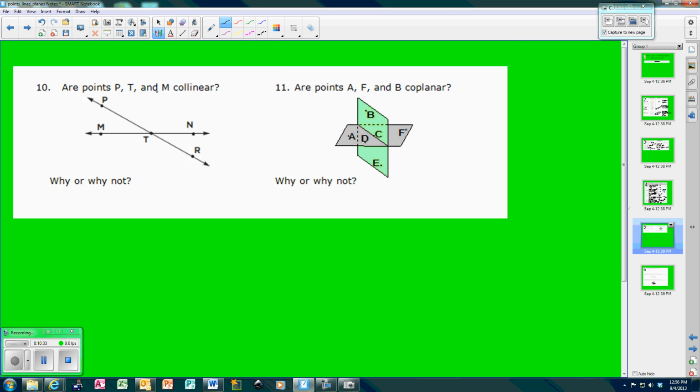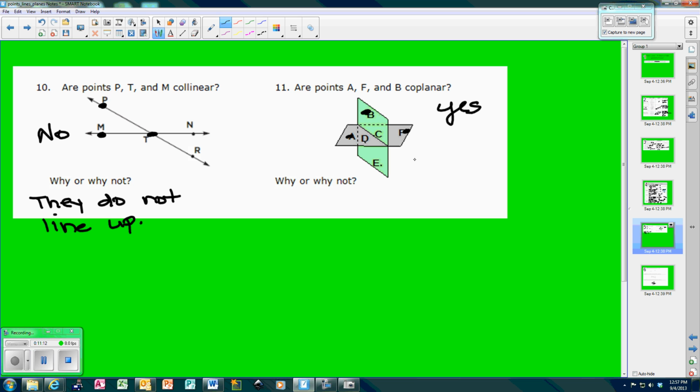Are points P, T, and M collinear? Yes or no? No. Why? They do not line up. Are points A, F, and B coplanar? Yes. Why?